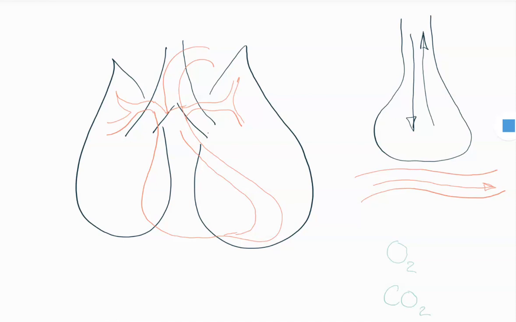If the ventilation drops, then less oxygen is being delivered to the alveoli, the partial pressure of oxygen in the alveoli will fall, and the amount of oxygen available to be delivered to the blood also falls. That will lead to arterial hypoxemia, a low oxygen in the blood.